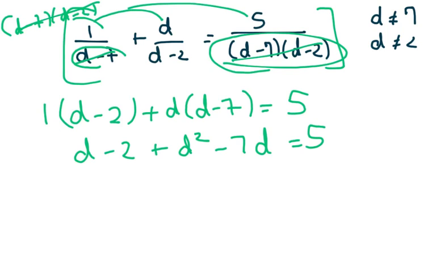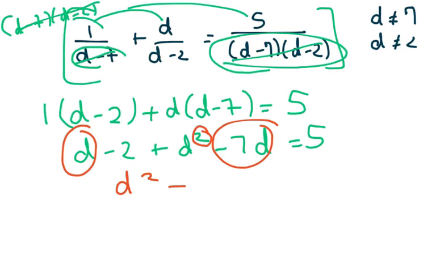Since we have a square there, what we're going to do is move everything over to the left. These two would be minus 6d. You subtract 5, so that's going to be minus 7 equals 0.